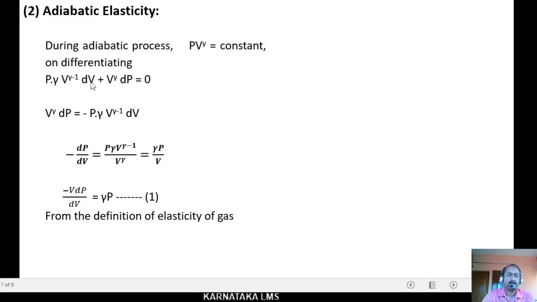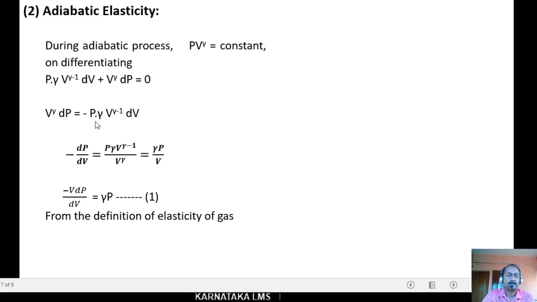On further simplification, we get V to the power gamma into dP. This comes across to the RHS side, then it becomes minus P into gamma into V to the power gamma minus 1 into dV.